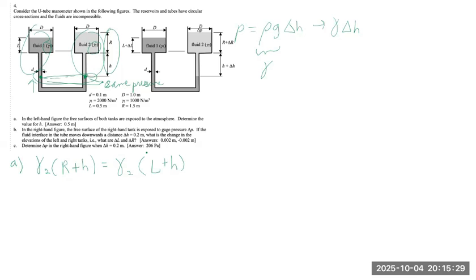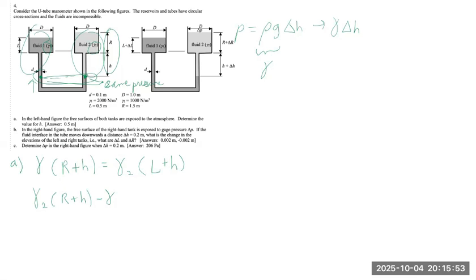So what we wanted to solve for is the value for H. So we have two equations over here, and we can rearrange it to solve for H. Basically, gamma 2 times R plus H minus gamma, oops, sorry. This one is actually gamma 1.